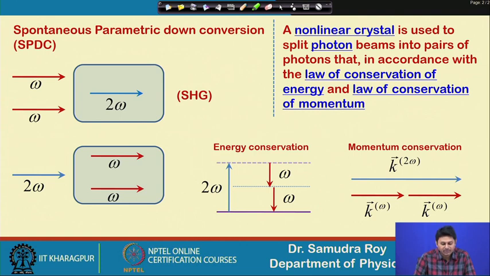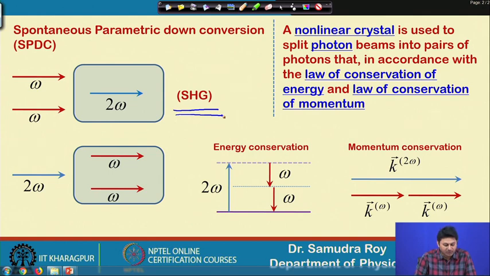So, the question was, is it really possible to generate such kind of subharmonics? In the previous case we have already shown that the second harmonic generation process is valid. That means, if I am able to launch a frequency omega in the input, which we call the fundamental wave, then we can generate a frequency 2 omega, double of that, and we called it second harmonic generation.